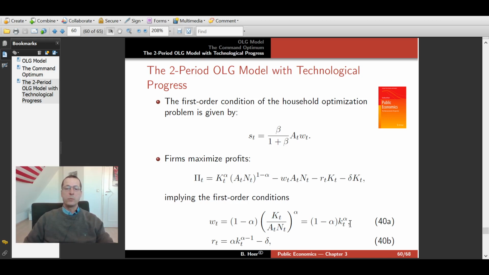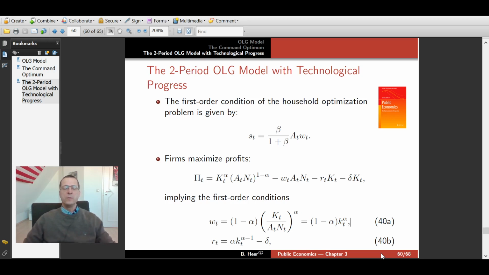we can describe the wage rate per efficiency unit as a function of the capital intensity, lowercase k, and also our interest rate, which is equal to the marginal product of capital minus the depreciation rate, is described by a function of the capital stock k_t.